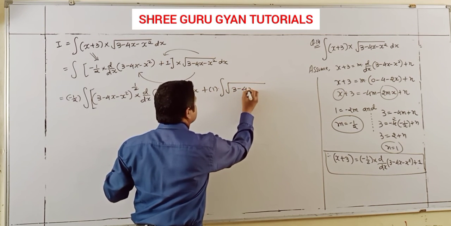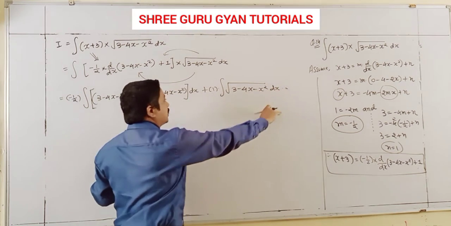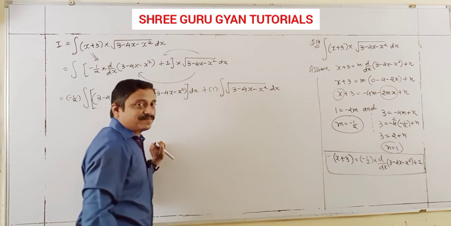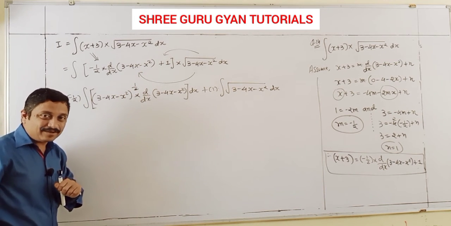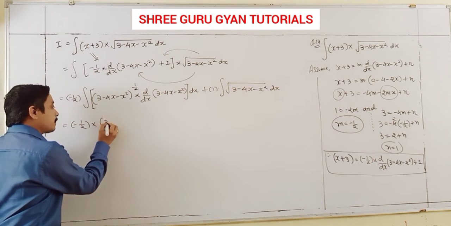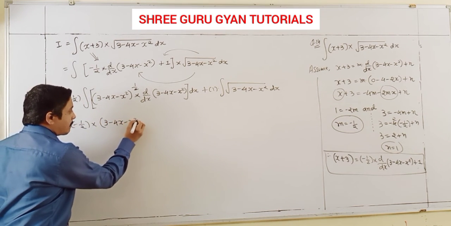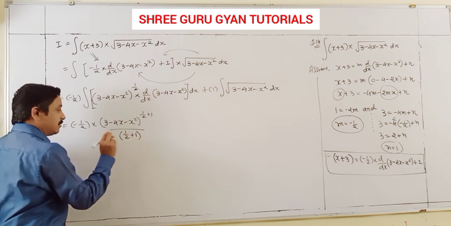For the first integral, the function power n with its derivative, your answer is f(x) to the n plus 1 by n plus 1.